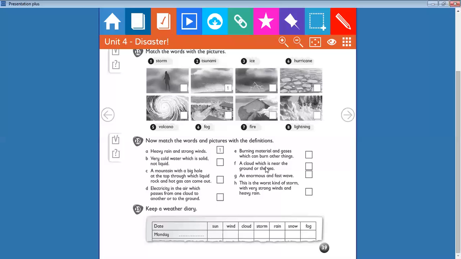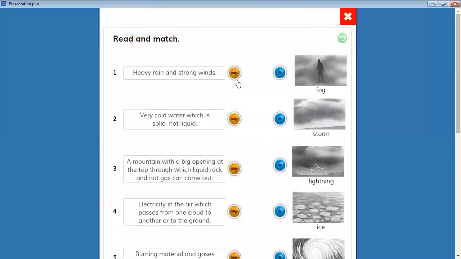No, the wave. So they are talking about the tsunami. Yes, sorry, tsunami. So tsunami, it's number 2. So I'm going to put number 2 here. And the last one, this is the worst kind of storm with very strong winds and heavy rain. They are talking about the hurricane. Hurricane, number 4 here.